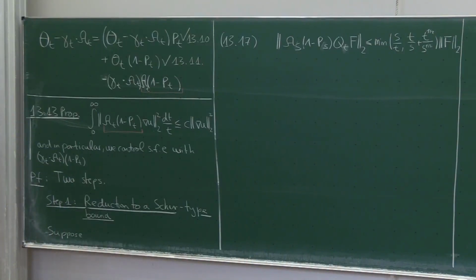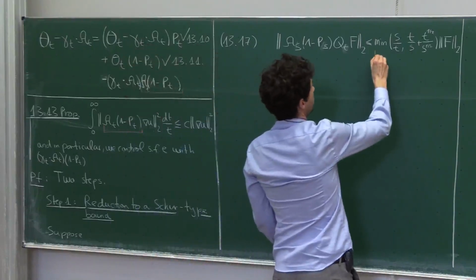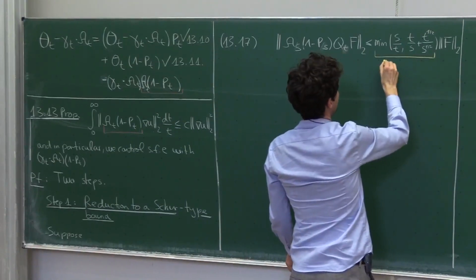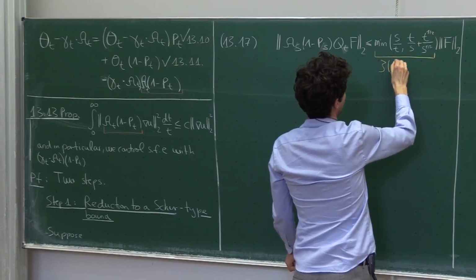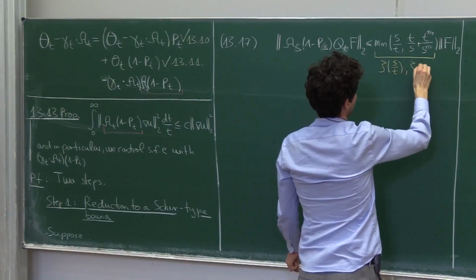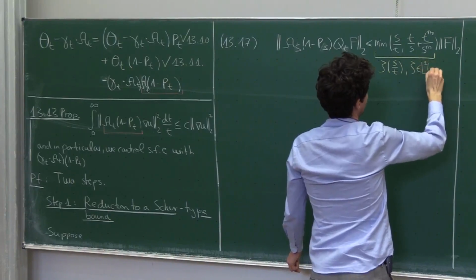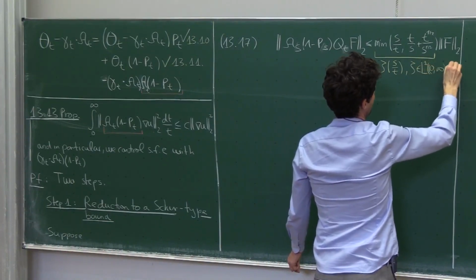Okay, don't be scared of the left-hand side. Just view this as a function theta of s over t, and then theta is going to be L1 on 0 to infinity with respect to the Haar measure.